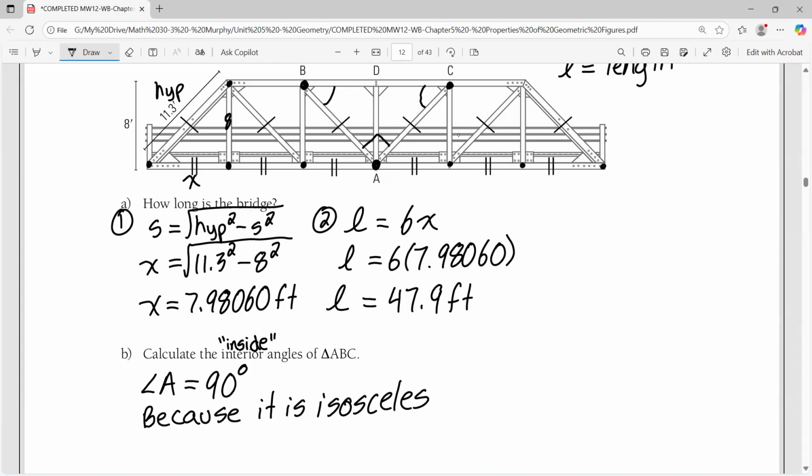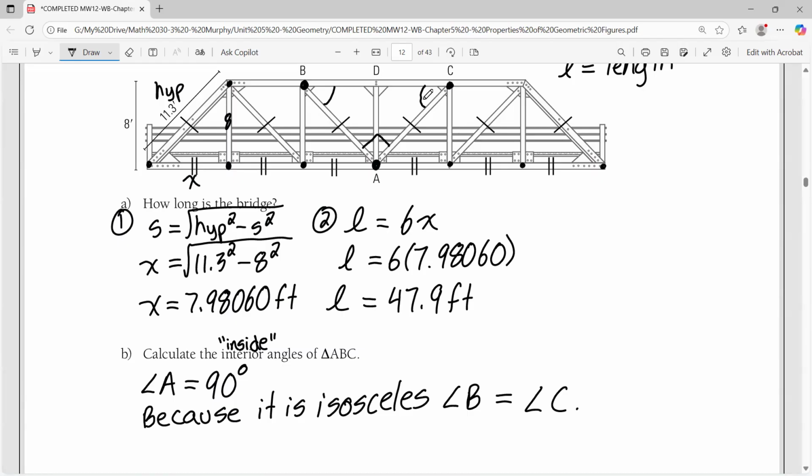There's a table of all the different ones that label the triangles by angle and side lengths. So because it is isosceles, angle B equals angle C.